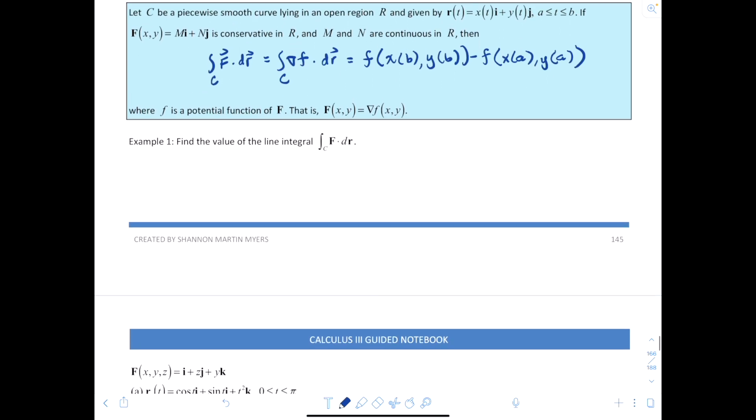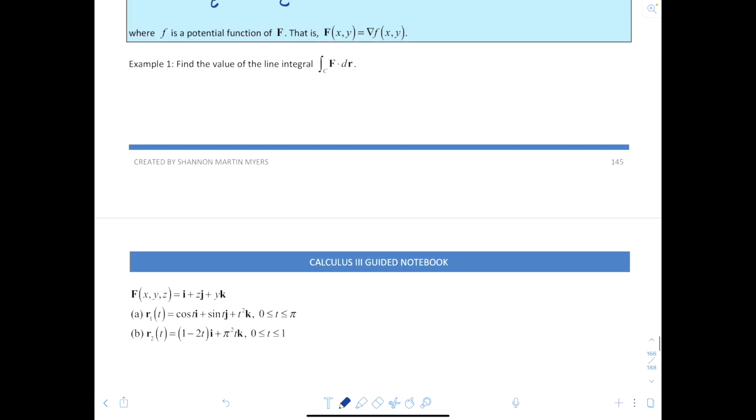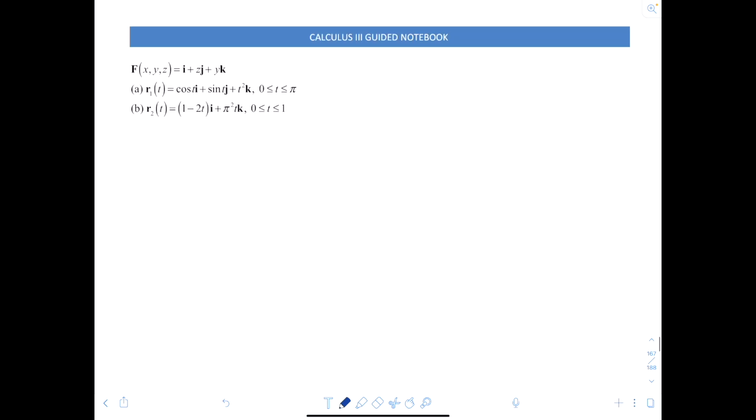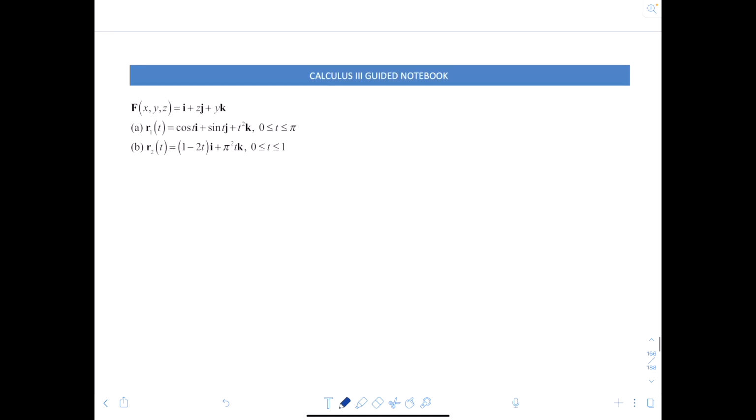Okay, so example 1. Find the value of the line integral over the piecewise smooth curve C of F dot dr. I'll give us lots of room to work. Well, we might as well identify what all we have.